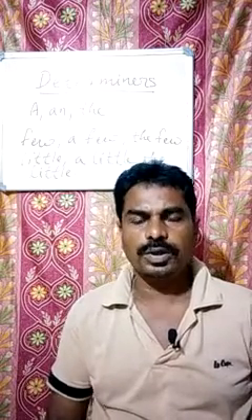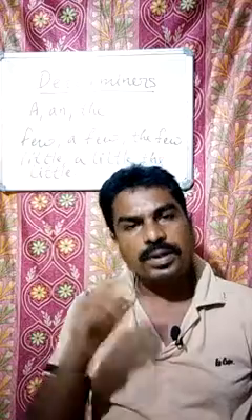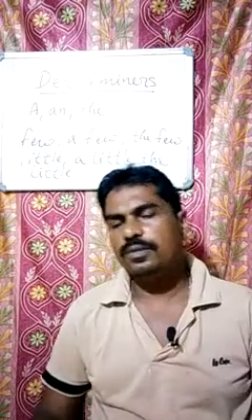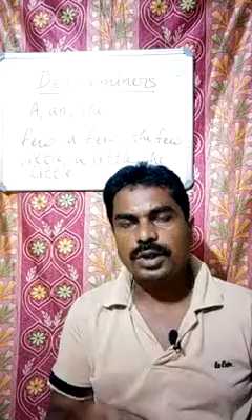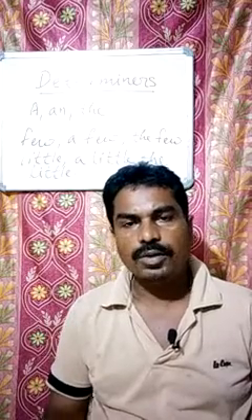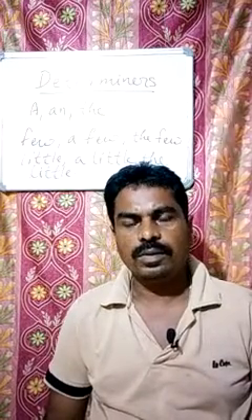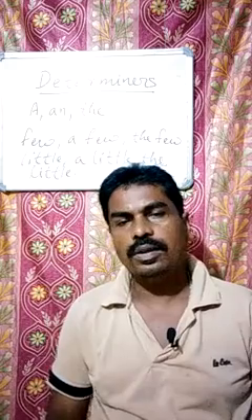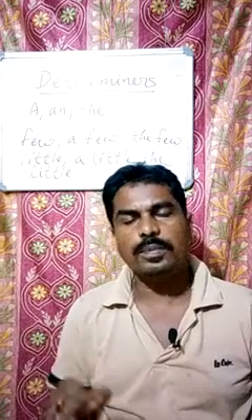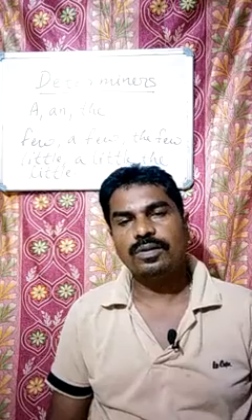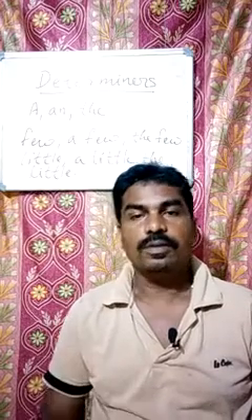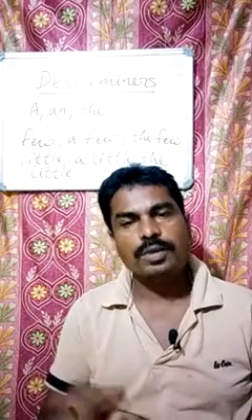Similarly, U is a vowel, but U sound is not a vowel sound. University, uniform, European. There is no E sound, there is a U sound, European. So in those situations you need to be very careful.